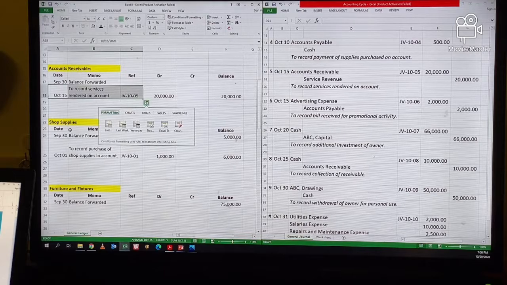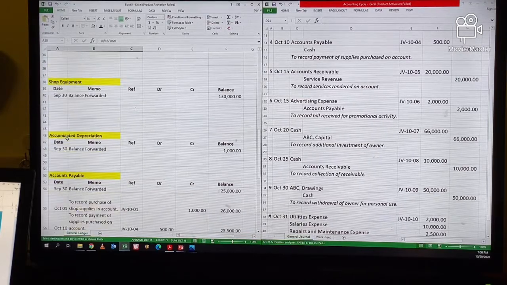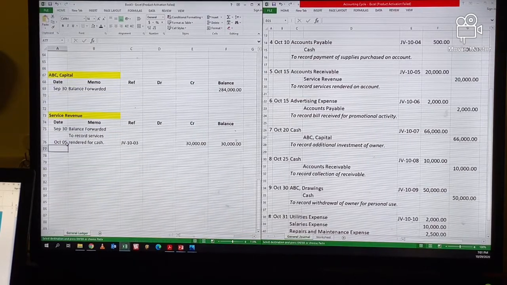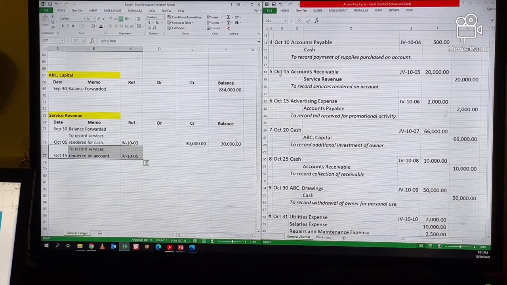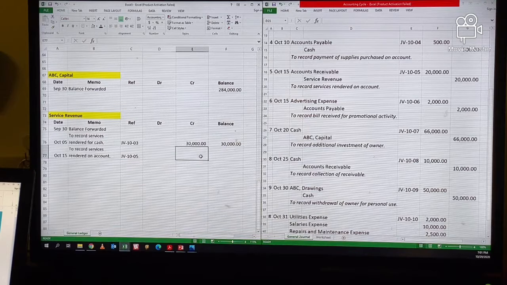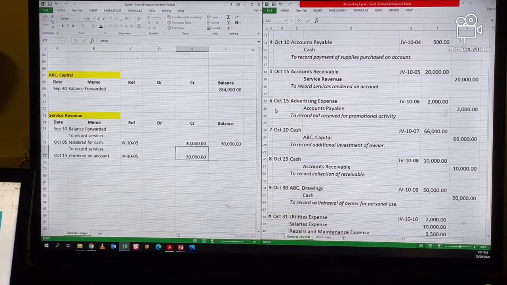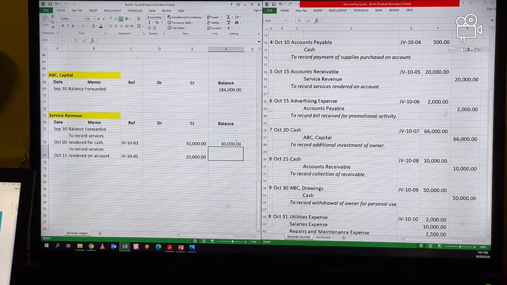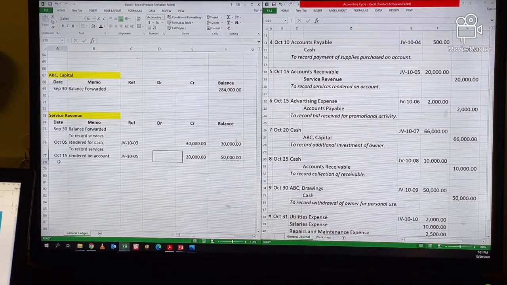Isusulat mo ngayon ang date, yung memo, and yung reference number. Then, siya ay credit. So, 20. Okay, dahil credit siya, i-add mo siya sa running balance. 30 plus 20 is 50,000.